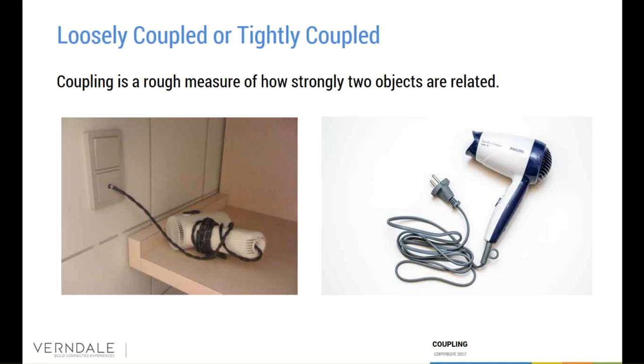If you see the left side picture, there is a hair dryer, but the appliance is directly attached to the wall outlet. What is the problem with this? Maybe the hotel people wanted the dryer attached to the outlet so that no guests take it away. This is a kind of tightly coupled. But suppose the hair dryer stops working because it is so tightly coupled with the wall outlet and the power.